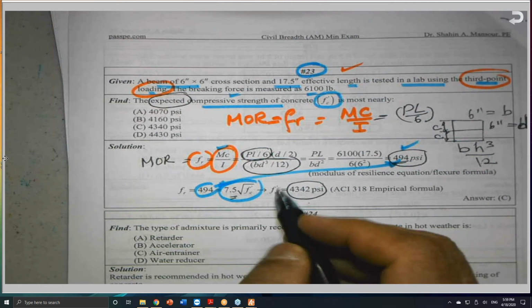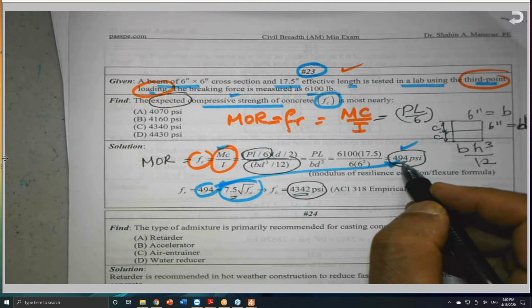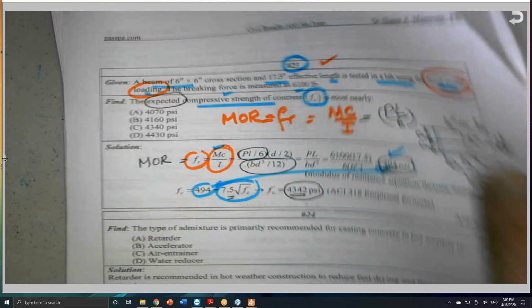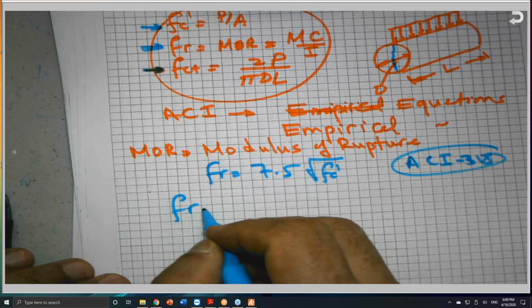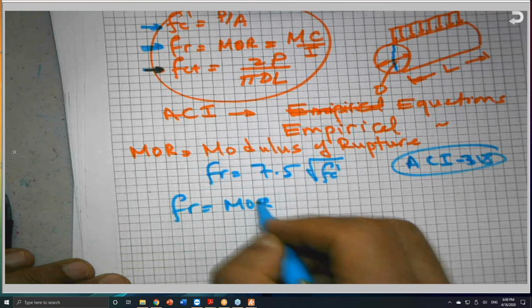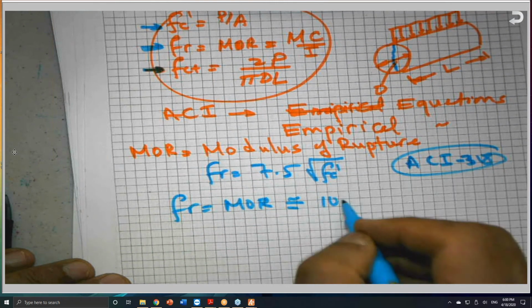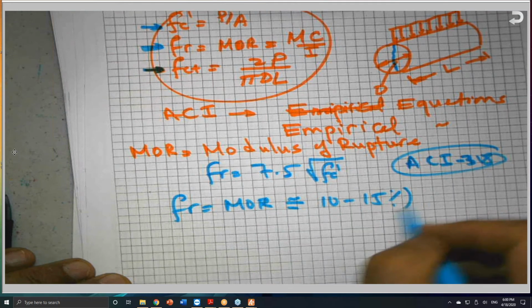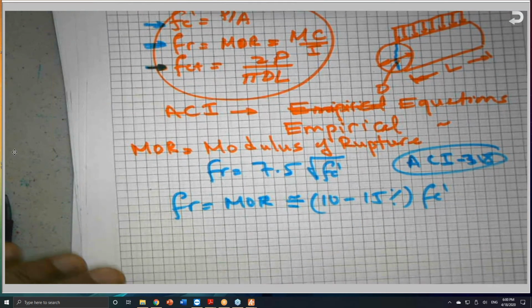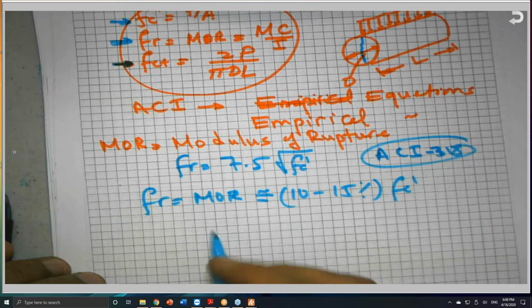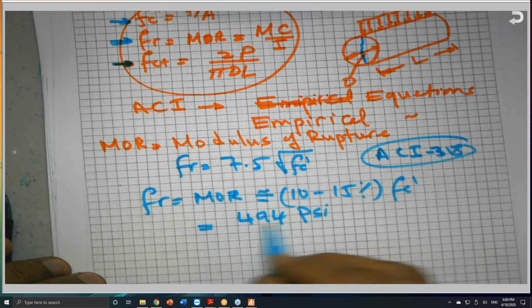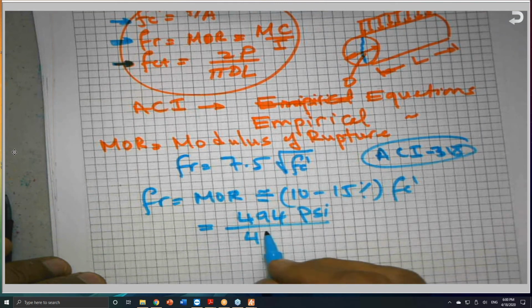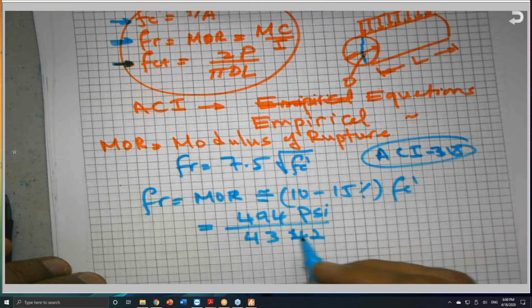And as you can see, this number here is huge compared to this number. As I told you, that's about 10 to 15% at the most. The F sub R, the modulus of rupture, is about between 10 to 15% of the F sub C prime. And if you look at the numbers we get here, we got 494 psi divided by 4342 psi for F sub C prime.